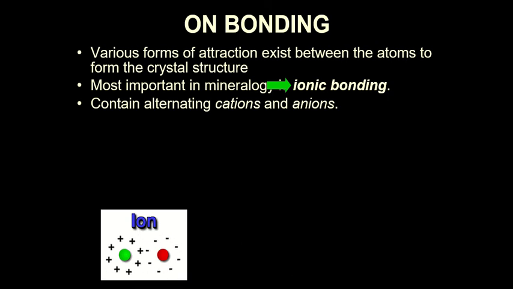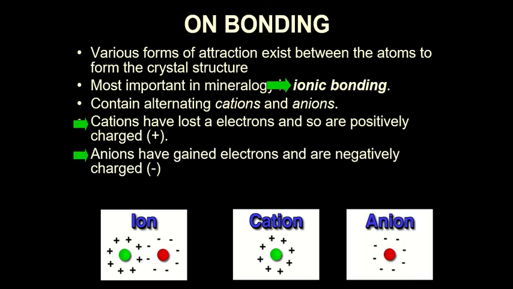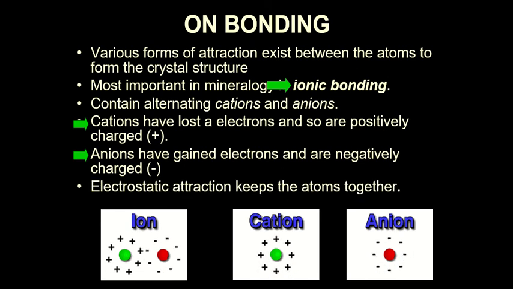In this, the mineral contains alternating cations and anions. Cations have lost electrons and so are positively charged. Anions have gained electrons and are negatively charged. Electrostatic attraction keeps the atoms together.